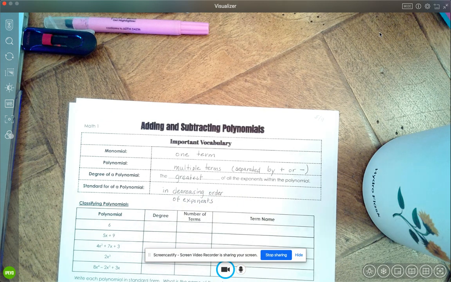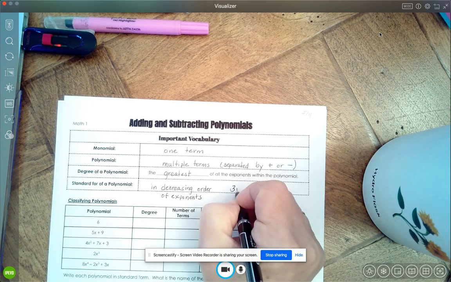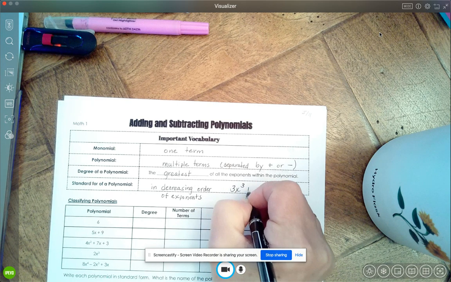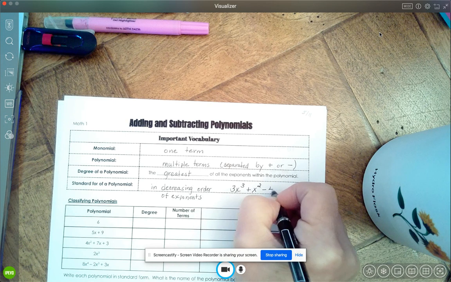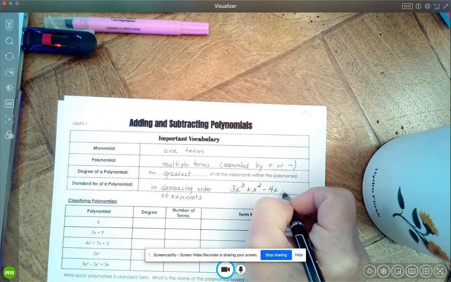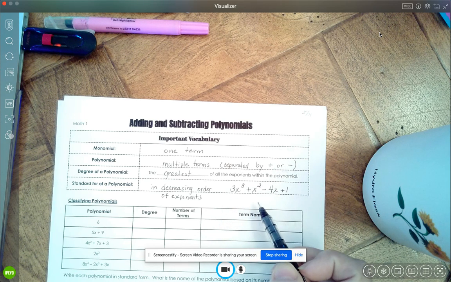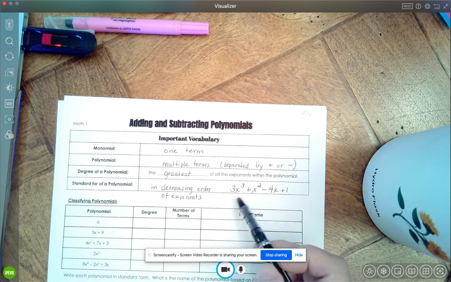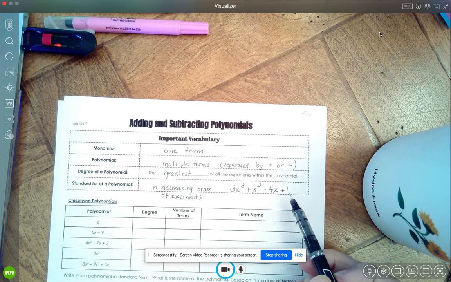So if something is in standard form, it would be like 3x cubed plus x squared minus 4x plus 1. This is a polynomial because there are multiple terms. 3x cubed, that's a term, and they're separated by pluses or minuses.